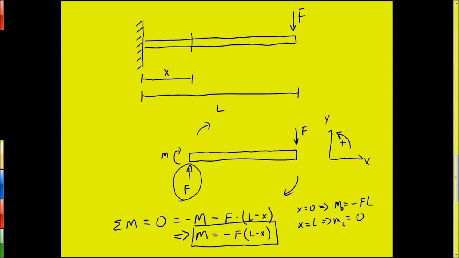Now, once we know the moment in the beam, we can calculate the stresses and strains that are created internally to the beam, or on the surface of the beam as well. To do that, we look at a thin section of the beam, which I will draw like this, and we apply a moment to it.